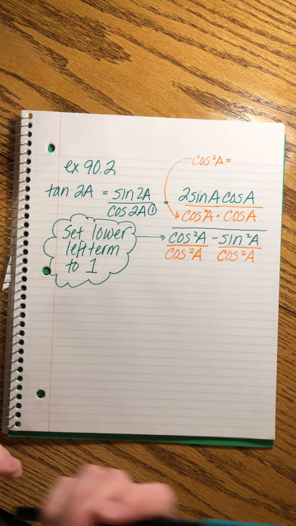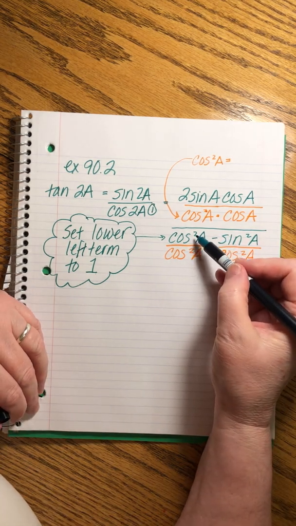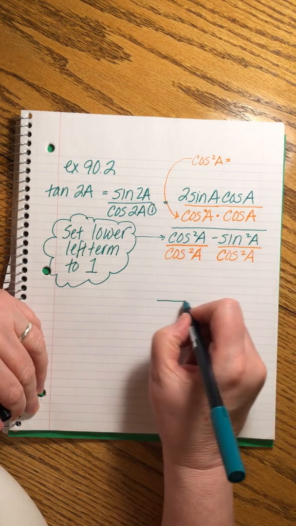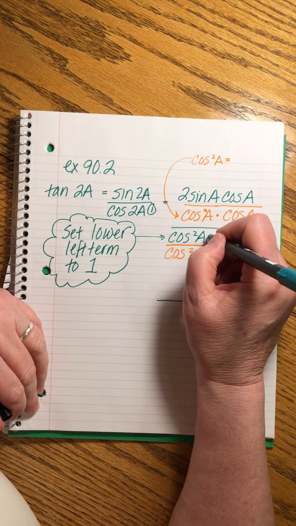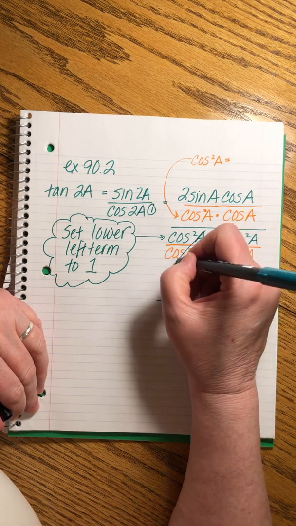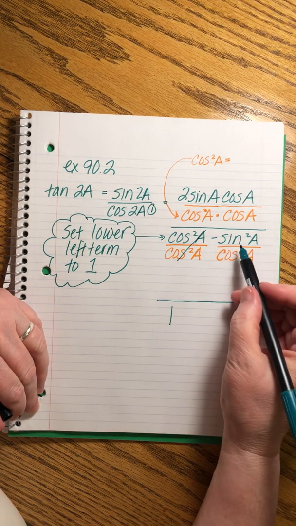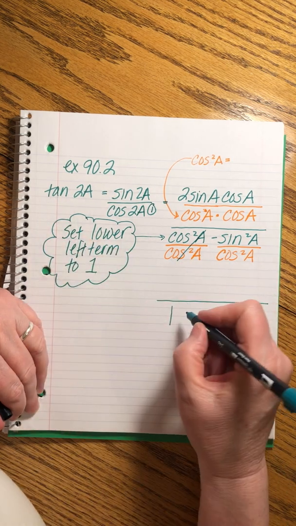Okay, now the magic happens. Are you ready? Now we go into simplify. Let's start down here and simplify this first. This cancels out, and the lower left goes to 1. This, sine over cosine, is tangent.